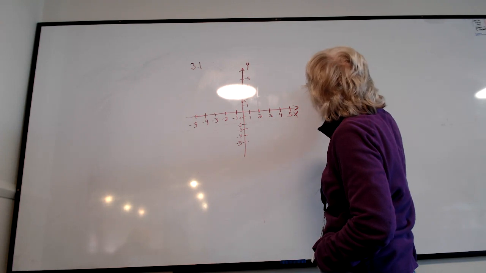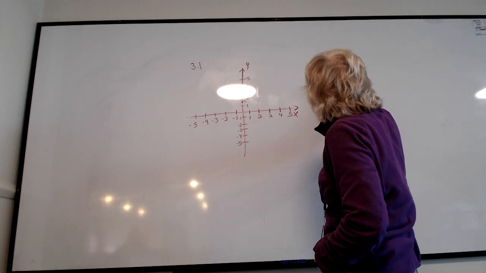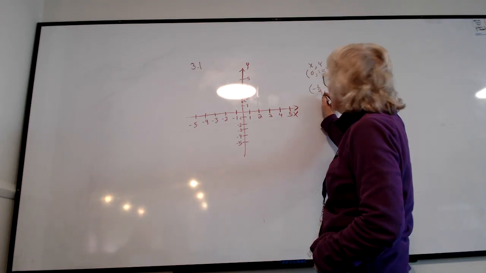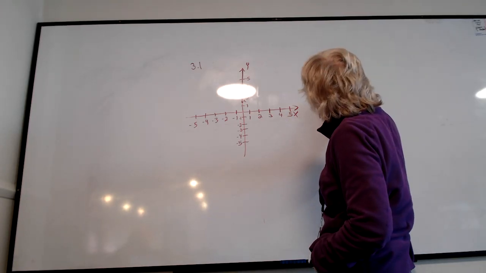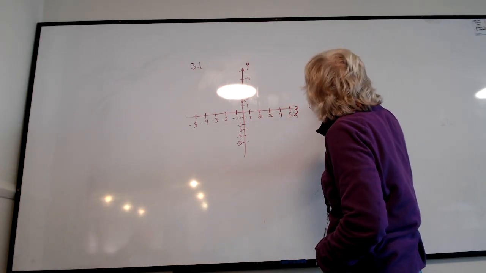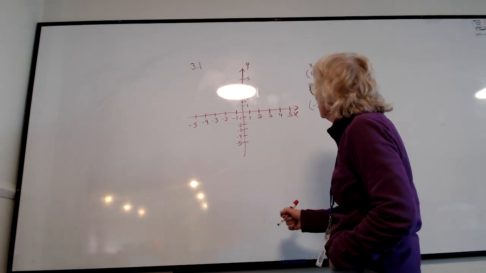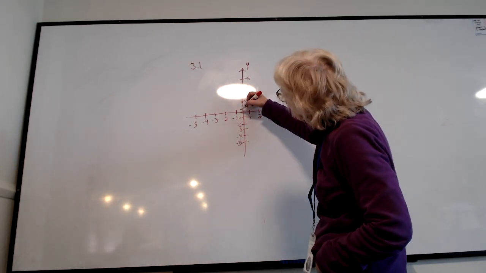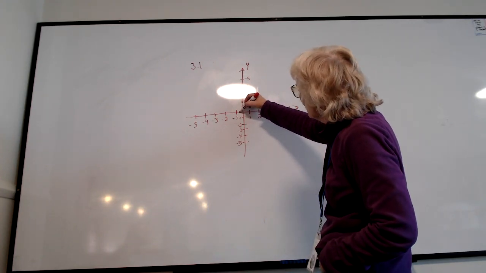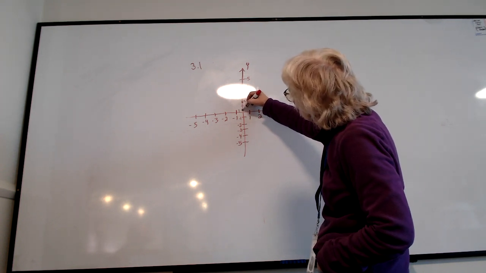So if I have something like negative 1/2 and positive 1/3, okay? If you need to change these, this is negative 0.5. You can do them in the calculator. This is 0.33 repeating, so indicate it's repeating here. And then you go back negative 0.5 in that direction, and we're going to go up to 0.33, which is right about here.